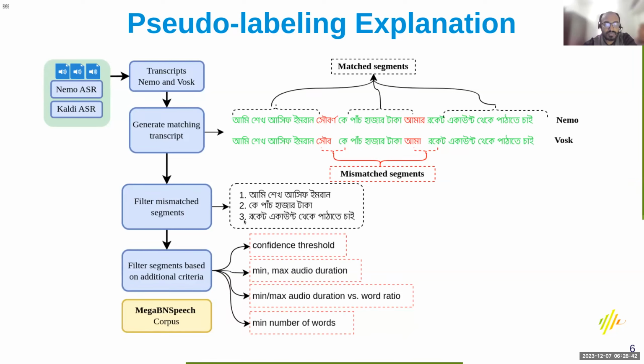The segments are further filtered with some conditions, and the filtered segments, which we don't consider for transcription, are also removed from the audio, as the Kaldi ASR provides the timestamp for each word. So we also edit the original audio, and then we take the aligned transcription with audio.